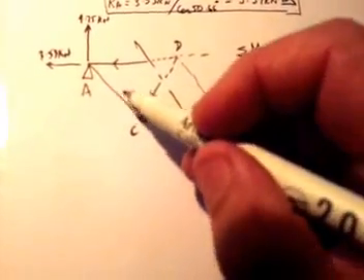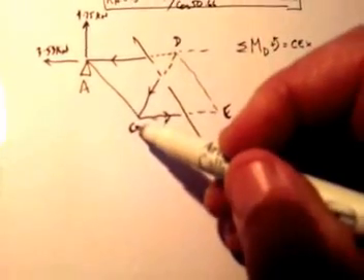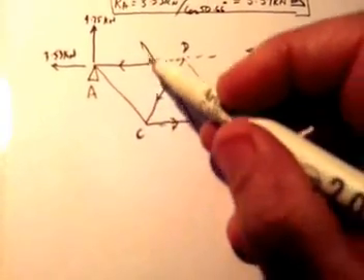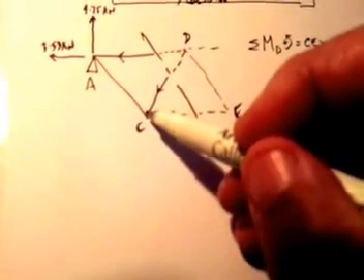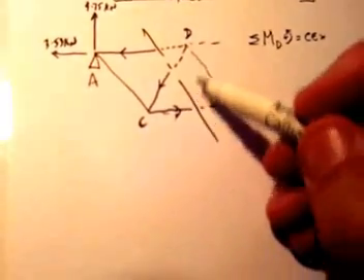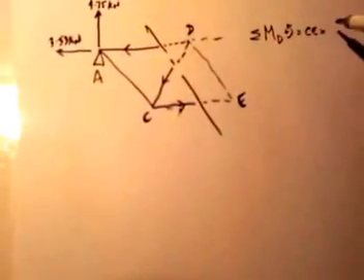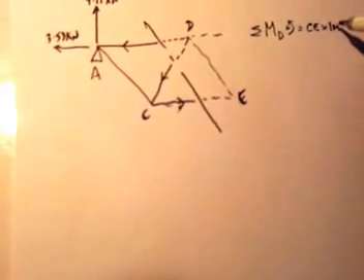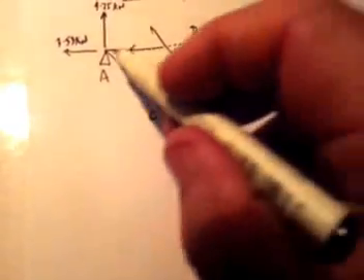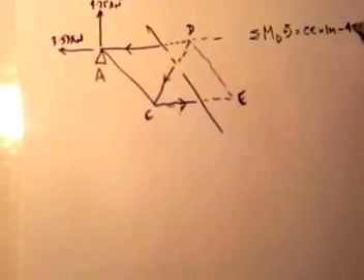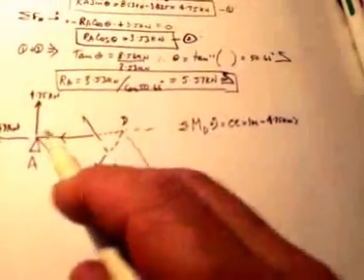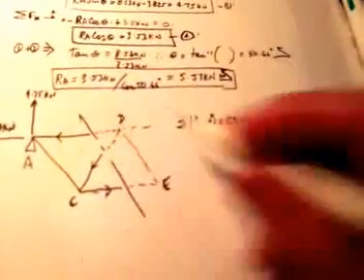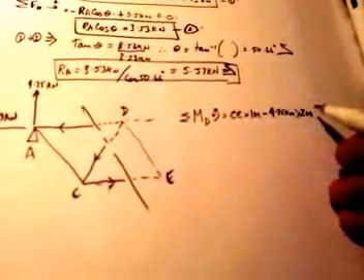Well, if that's 2, and each of these sides is 1 meter, because we're told that information, that this is 1 meter and this 45 degrees, then the perpendicular distance from CE to D is 1 meter, so it's CE times 1 meter, minus this force over here, which is 4.75 kilonewtons, multiplied by this distance here, which is 2 meters.